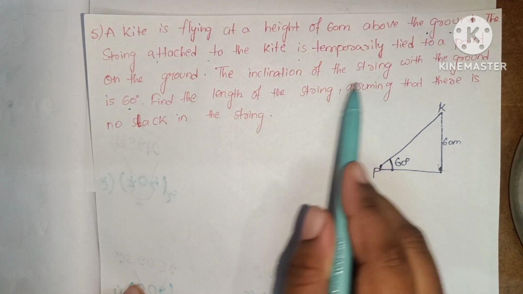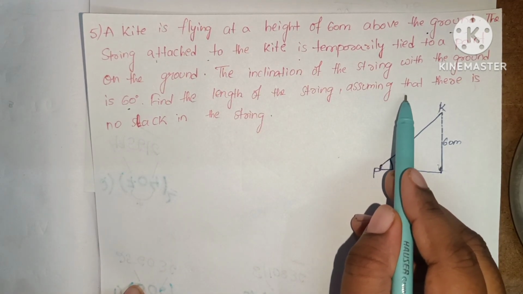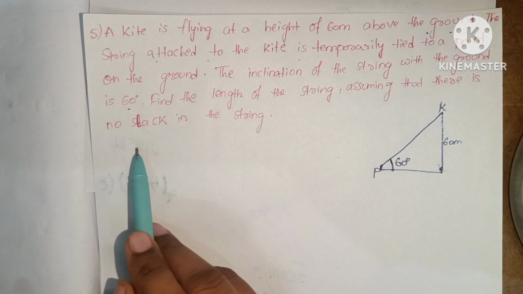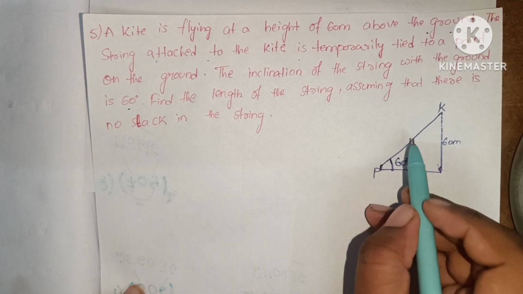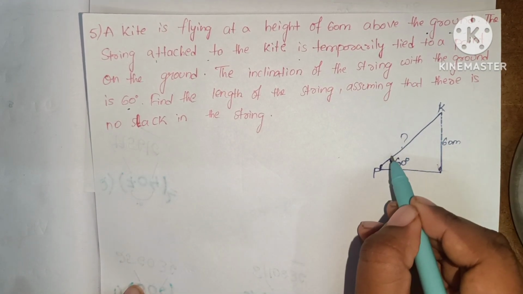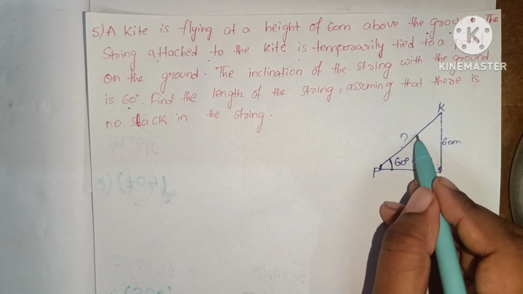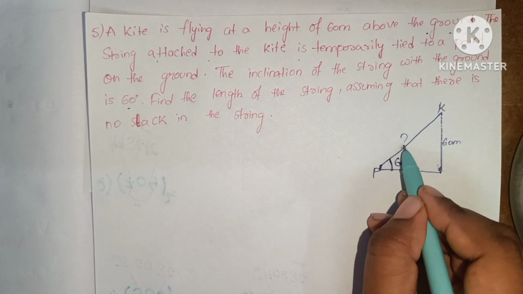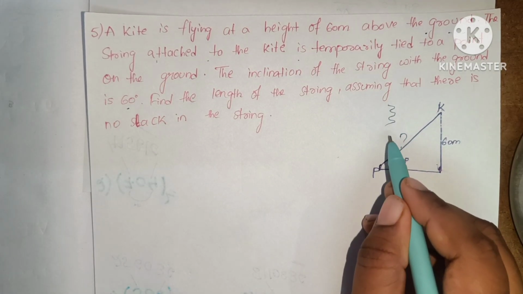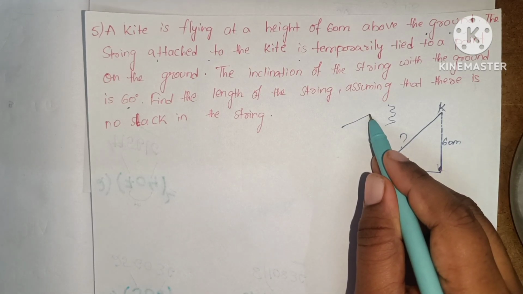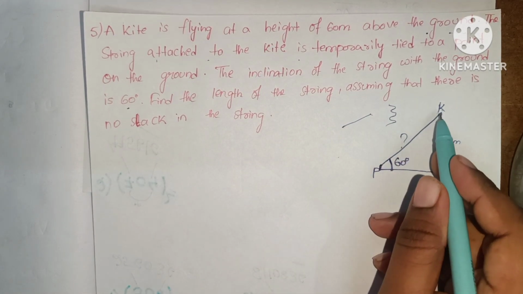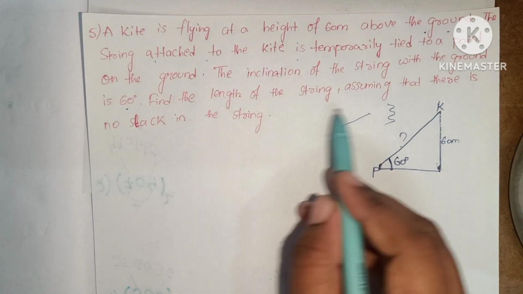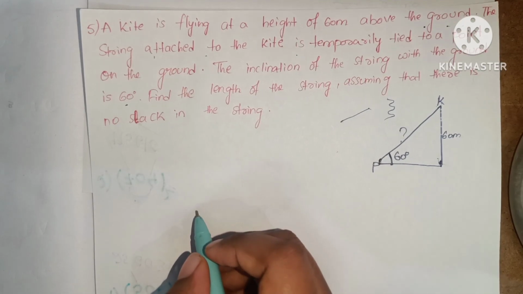Then what did he say to find? Find the length of the string, assuming that there is no slack in the string. So he said to find this length of the string, and there is no slack. Slack means no disturbance was there for the string; it was straight only. So when it was straight, he was saying to find the length of the string.